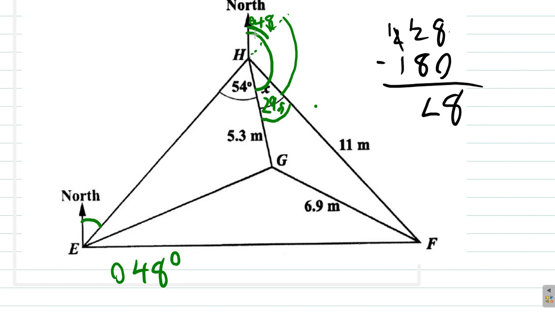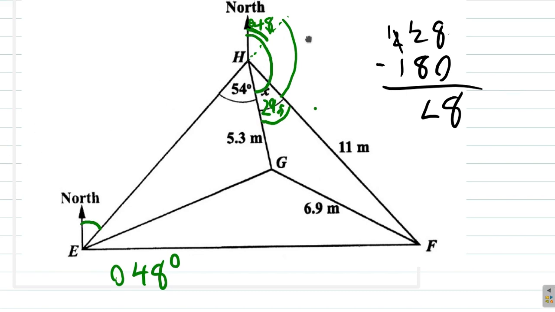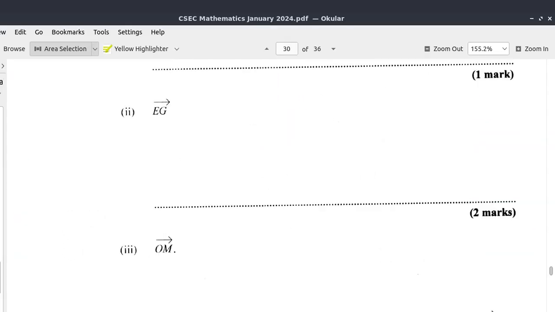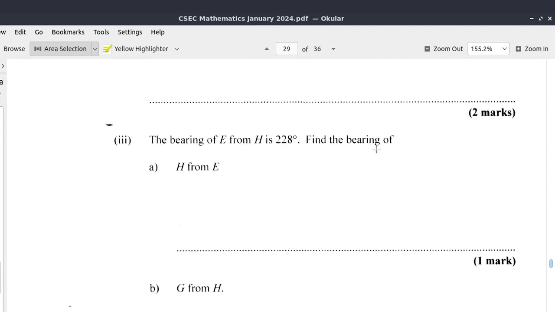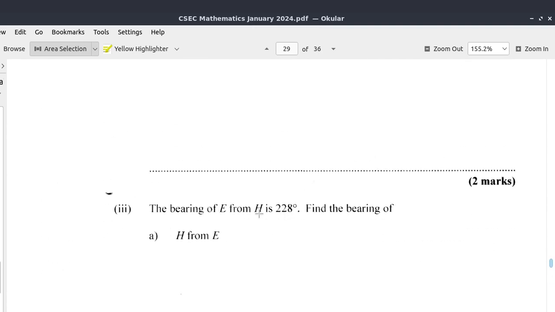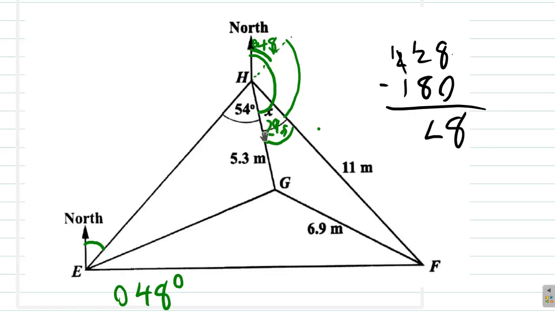So all of this angle here, what do they say? We've gone all the way down there. The bearing of E from H is 228, so this angle all the way around was 228.